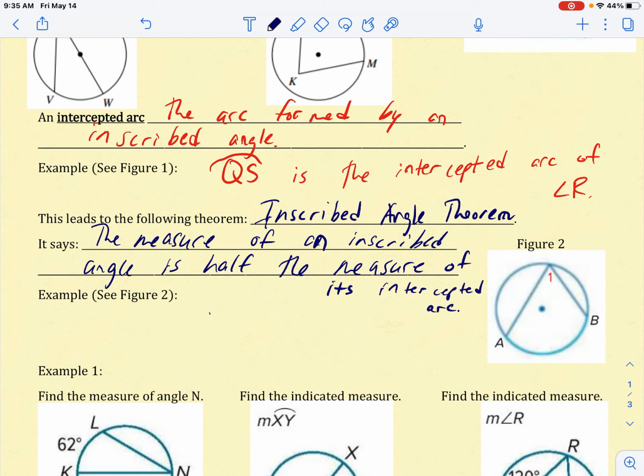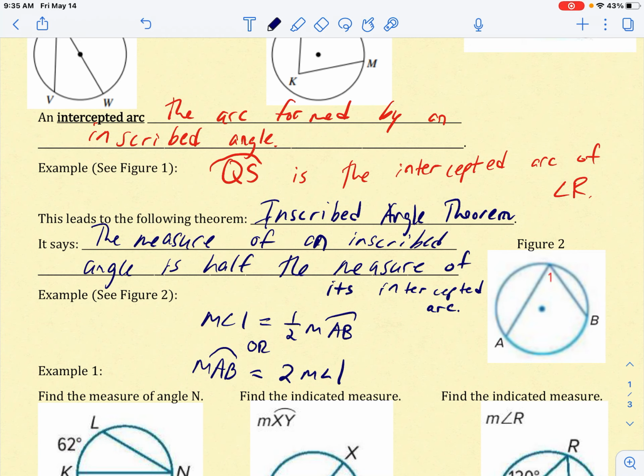So in the example figure 2, the measure of angle 1 is equal to 1/2 the measure of arc AB, or the measure of arc AB is equal to, well, if we multiply the first equation by 2, 2 times the measure of angle 1. So the arc is always bigger than the inscribed angle.